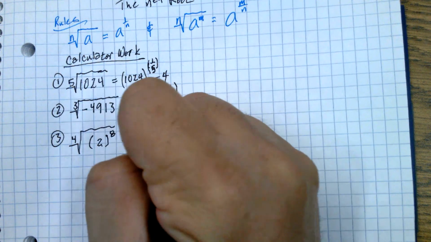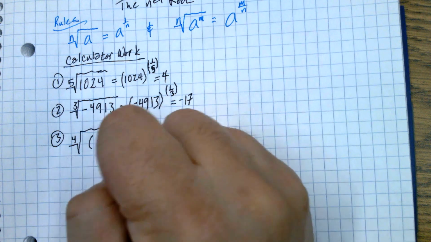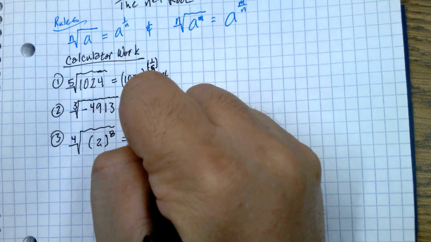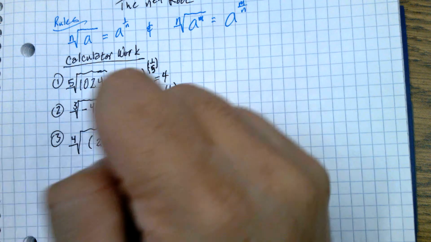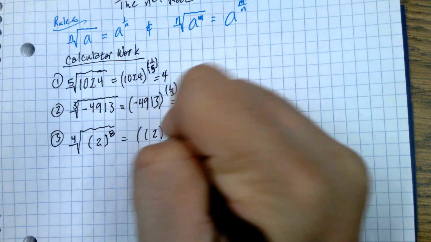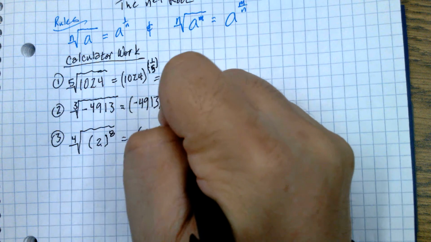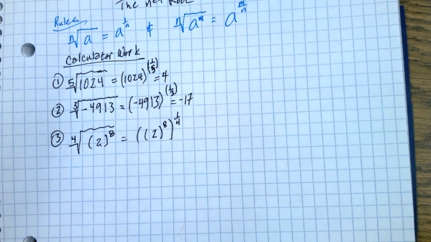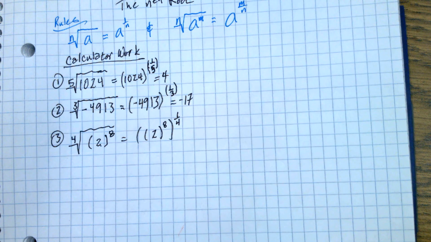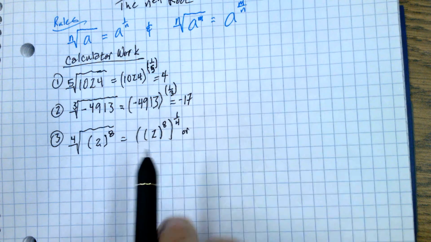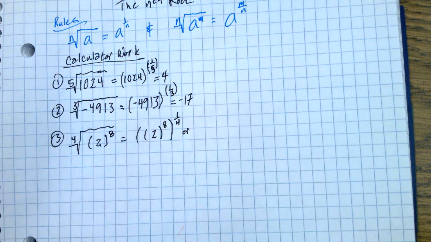So we have 1 parenthesis and then another open parenthesis after that. And then we're going to have 2 close parentheses to the 8th. And then we're going to raise that to the 1/4 power. You can do it that way. Or, if we're using this rule, what can we do?